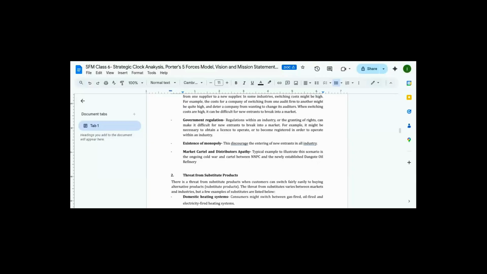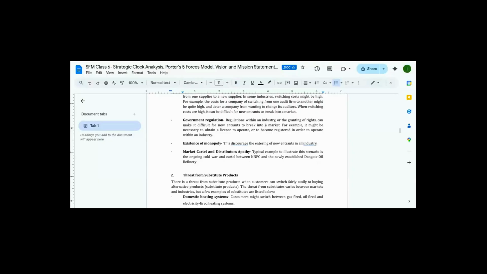Government regulations. So regulations within an industry or the granting of rights can make it difficult for new entrants to break into a market.